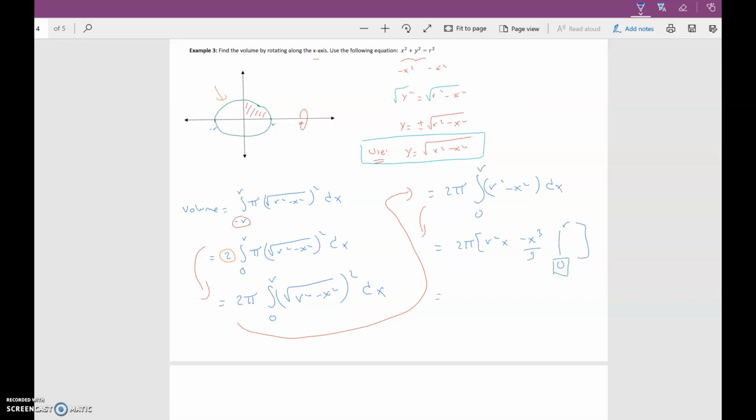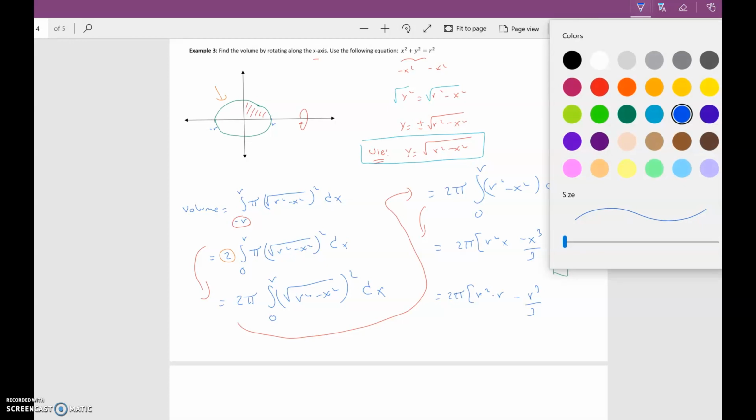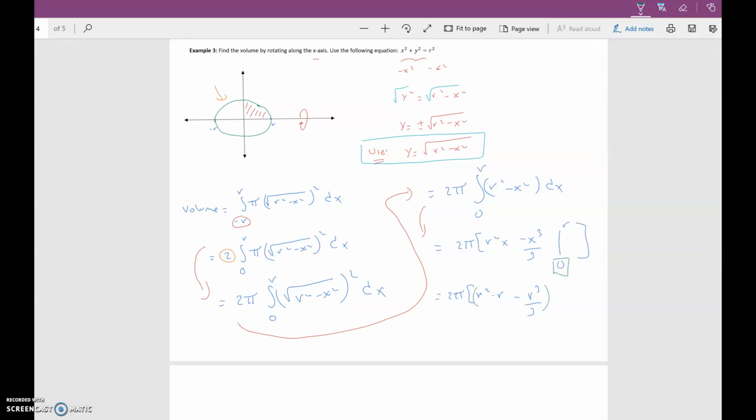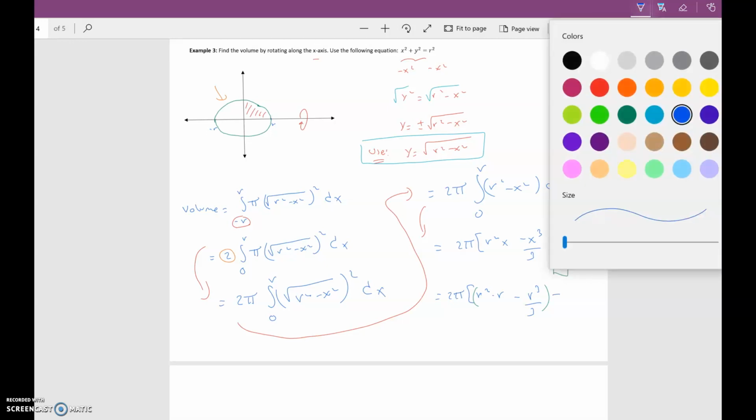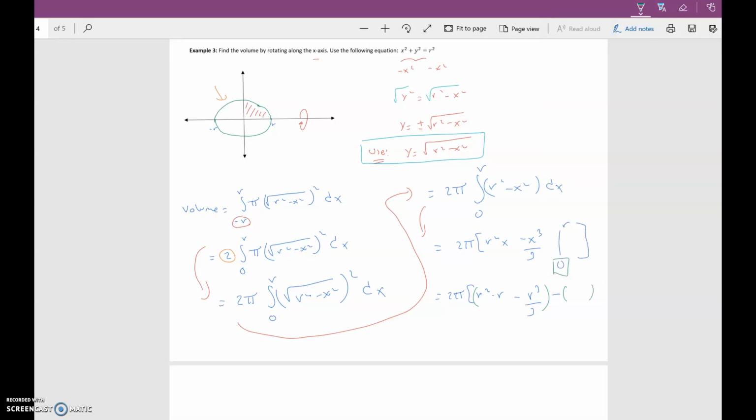So in this case, we're looking at 2 pi times r squared times r minus r to the third divided by 3. And then we would have the minus, and the good news is the other portion is just going to be 0.